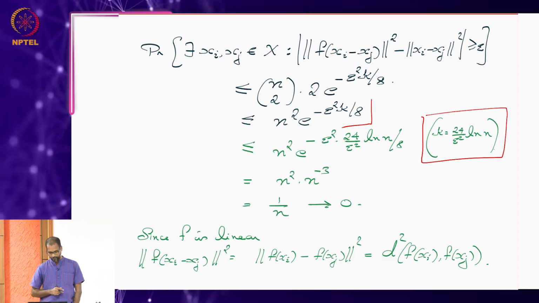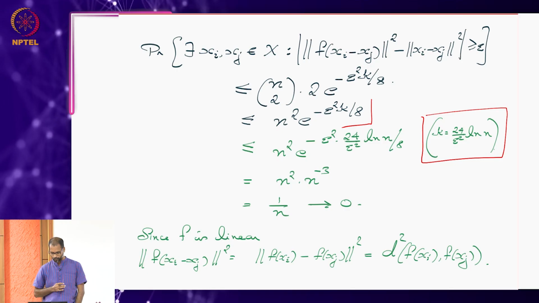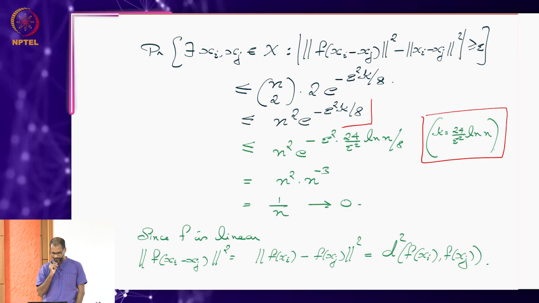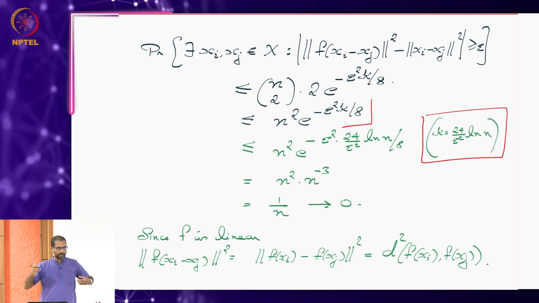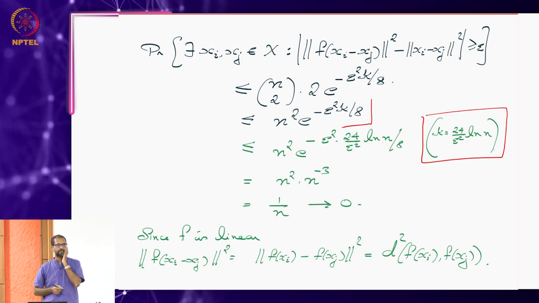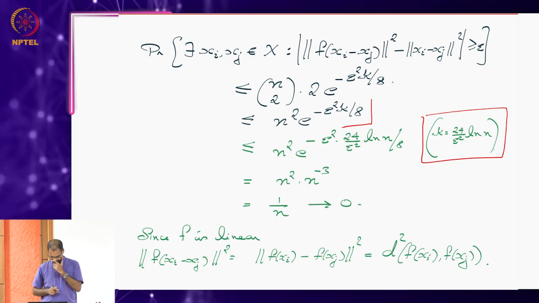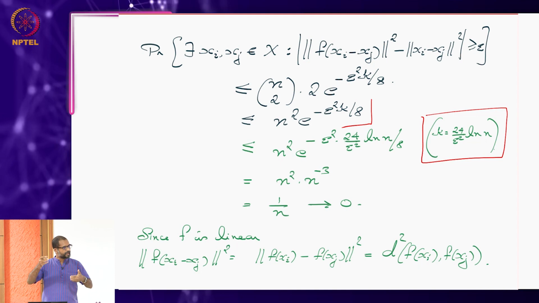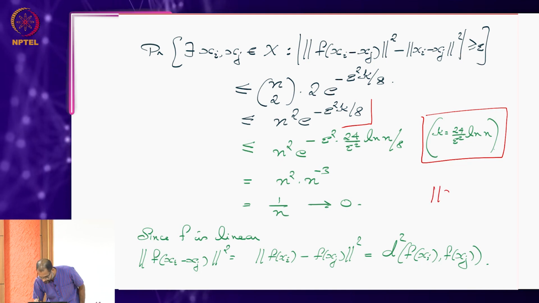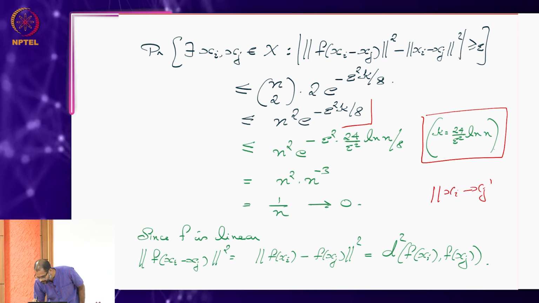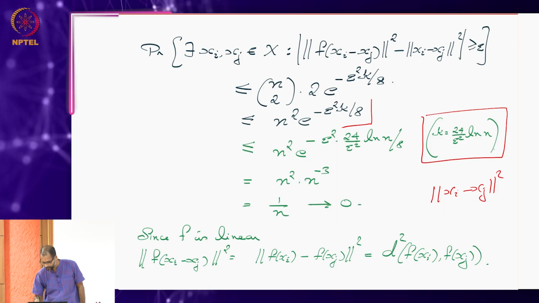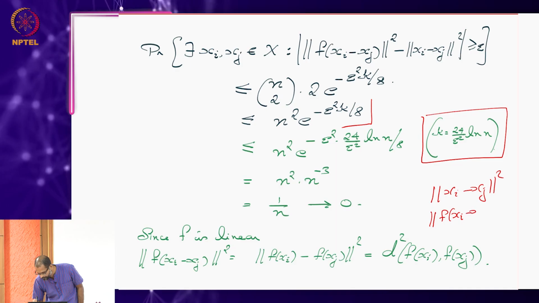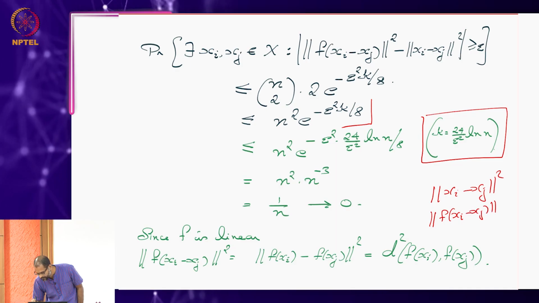By the way, one thing I should have emphasized earlier is that we are talking about approximating the length of xi minus xj or its square, so we wanted f of xi minus xj squared.